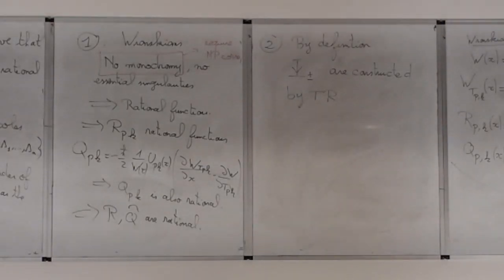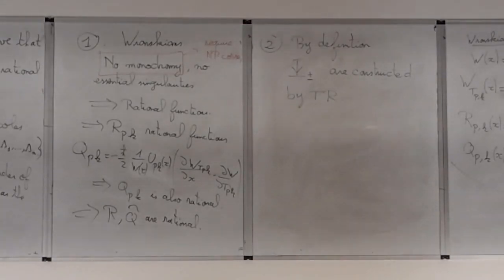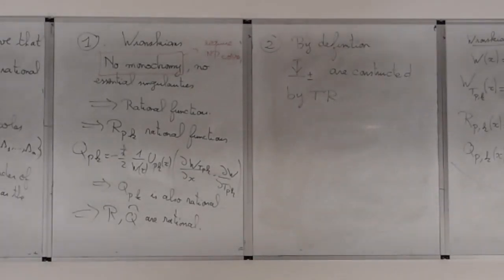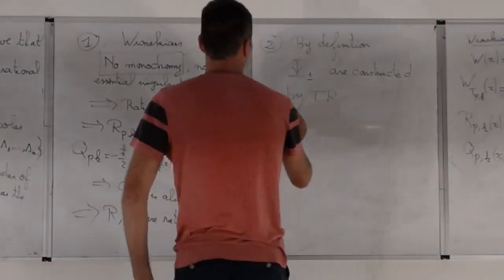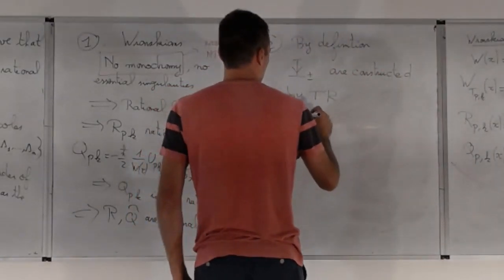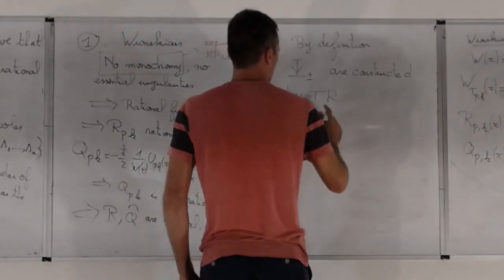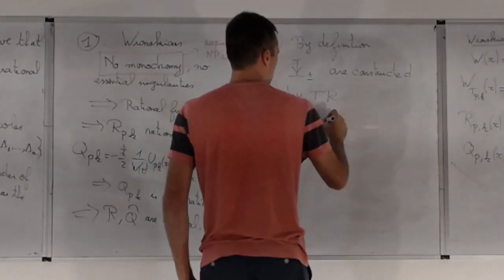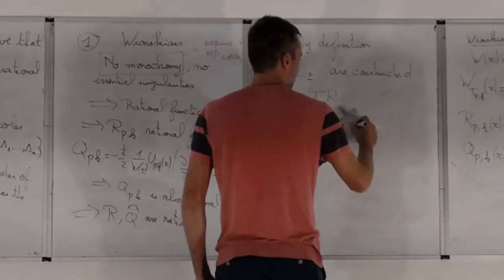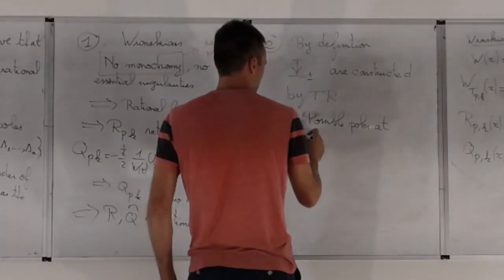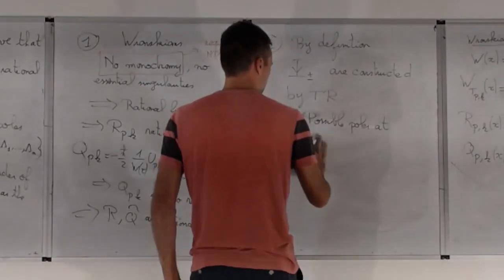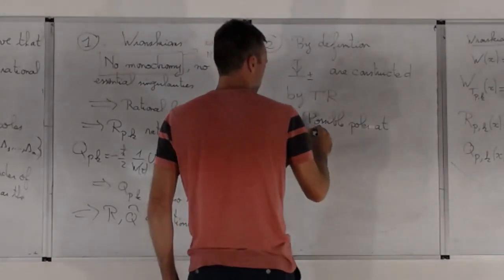And you have the perturbative wave function. And the perturbative wave functions are constructed by topological recursion, which means that you have possible poles at critical values.